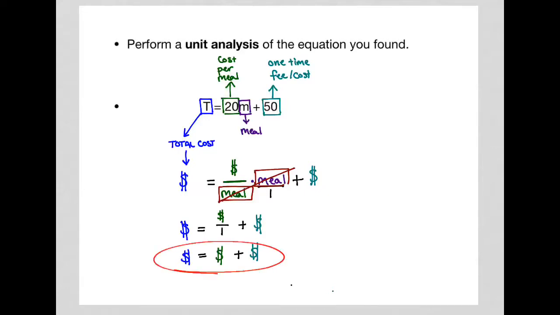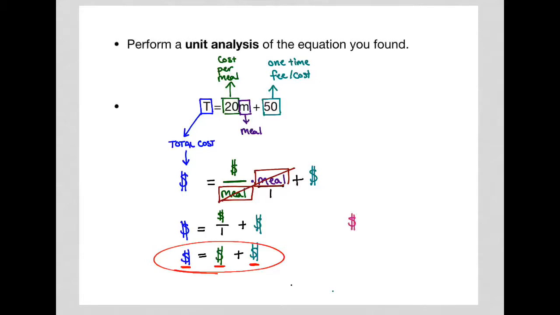The reason being is because I'm saying some money plus money should result in money. The problem would be, an example of something that would look incorrect would be if I had something like this.